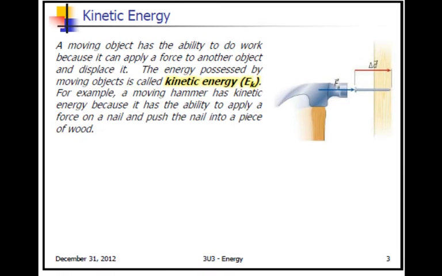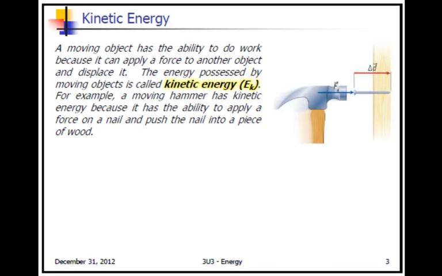So there's different types of energy. One of the mechanical types of energy is kinetic energy. Kinetic energy is the energy that's possessed by moving objects. So if you have a hammer and you want to push a nail into a piece of wood, the work done is the force times the displacement.